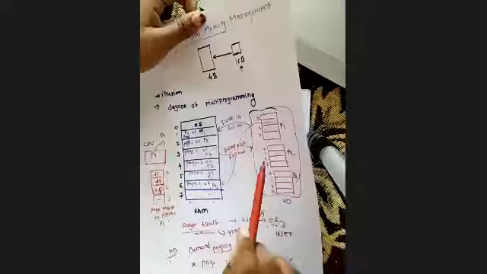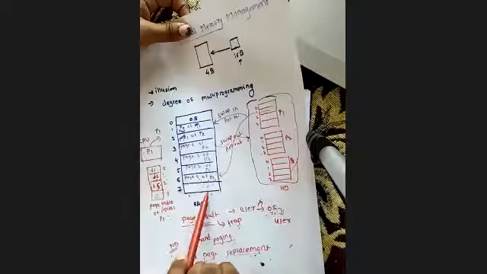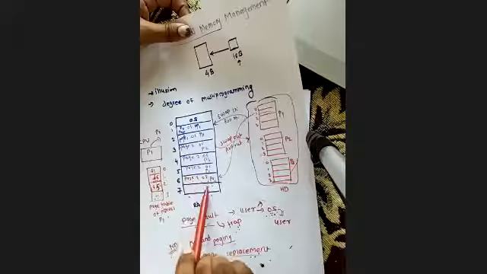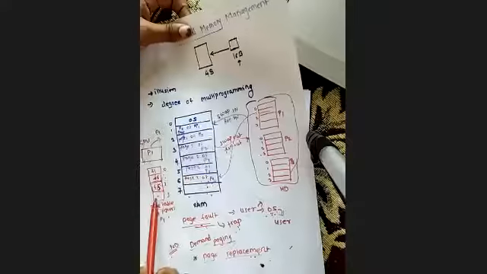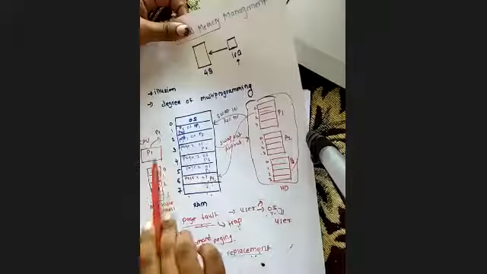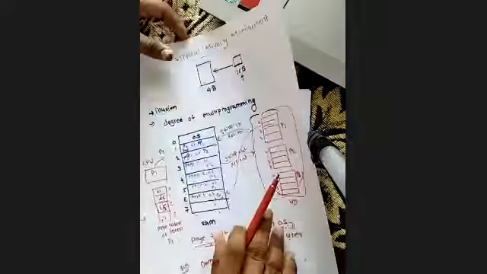After the page is swapped in to the main memory, the details of that page, that is the frame number where it is kept, will be updated in the page table. Once it is updated, the operating system gives control back to the user, and in user mode, the CPU will run this process again.